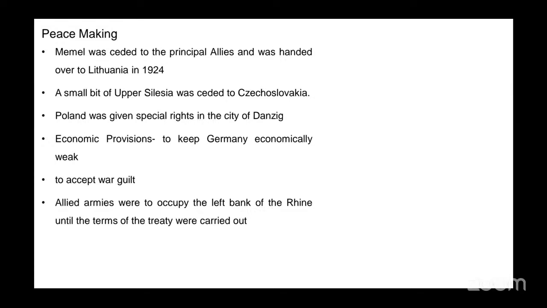When you cut off its industrial prospects, its economy, its trade, when you reduce its military, or when you remove its democratic elections, all these things can cause a nation to fall or become unstable. So the economic provisions were mostly created to make Germany economically weak.